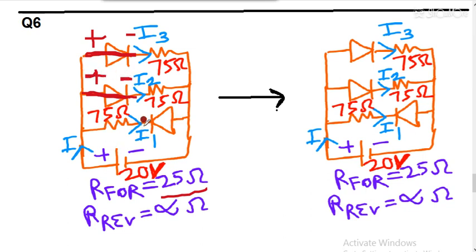But this diode will be reverse bias, positive and negative. So this diode will act as an open switch. So what if I draw the circuit diagram next to it? Then in the circuit diagram, this diode will be open circuit.